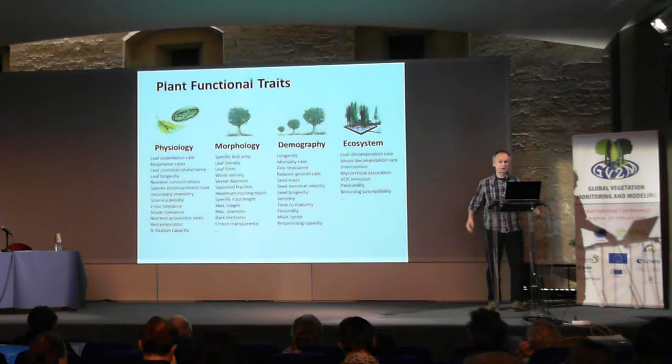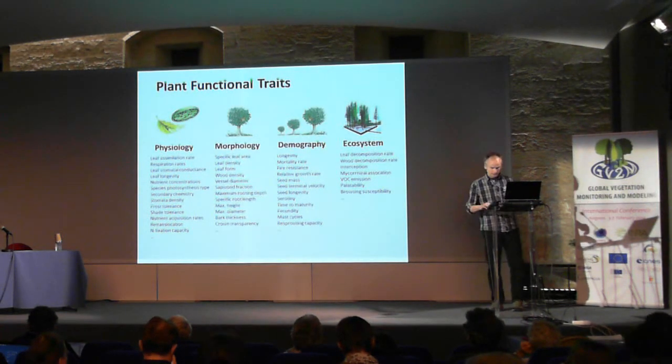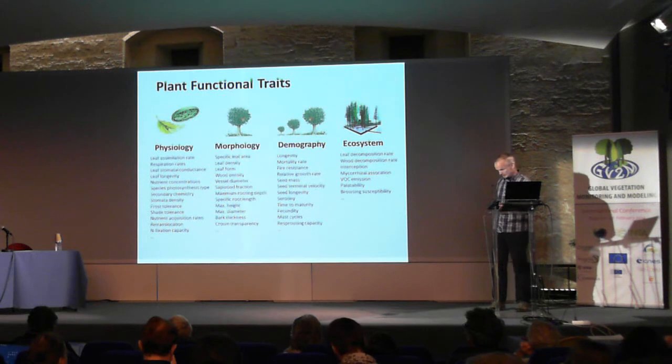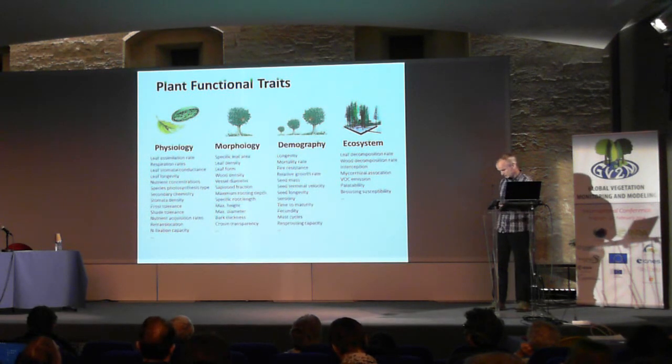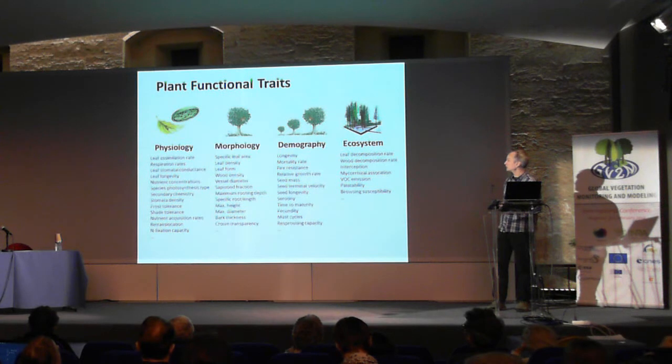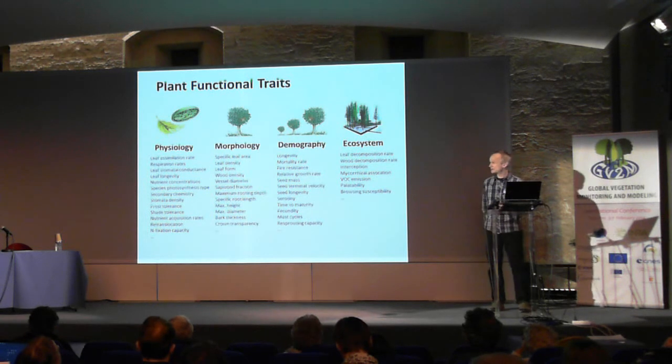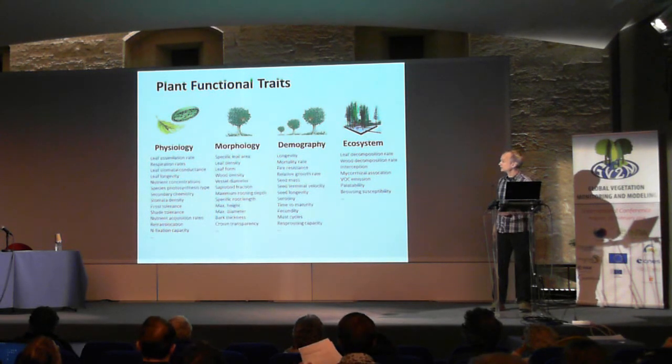So, plant functional traits. In this context I thought I should maybe explain a bit, even after the nice introduction we just had. There are physiological, morphological, demographic and ecosystem kinds of traits, a large variety of different traits.